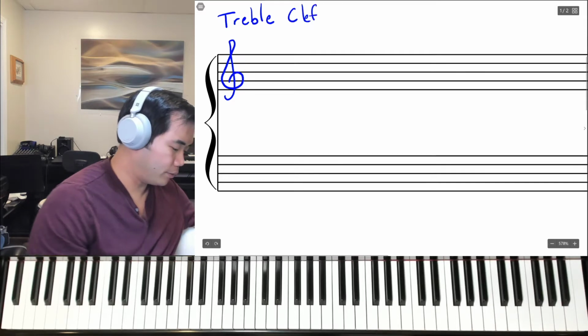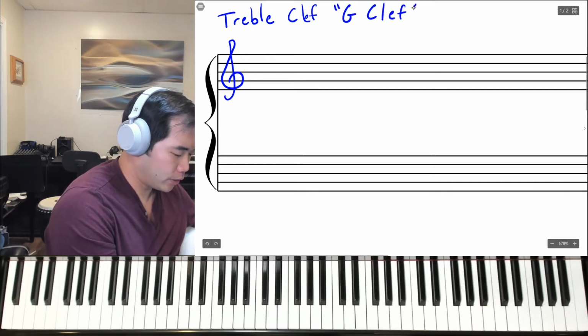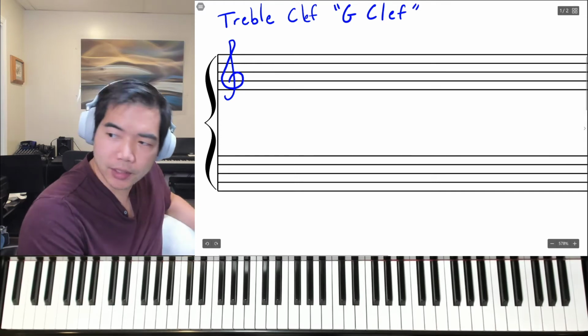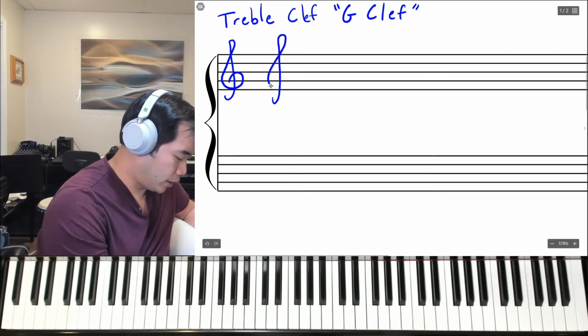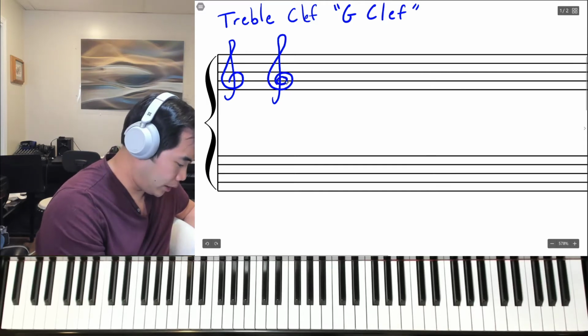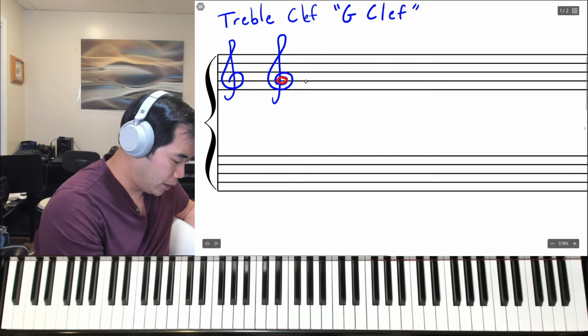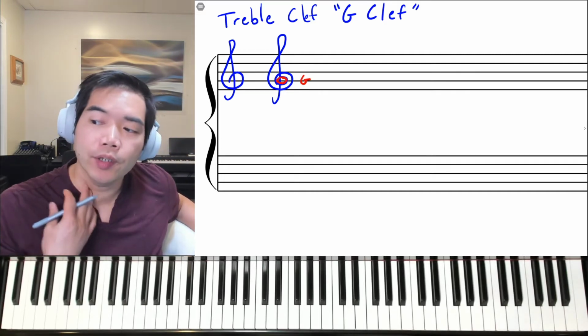Treble clef. And this treble clef is also known as the G clef, partially because it looks a little bit like the letter G, and also because the note that the treble clef circles around is actually the note G, which we're going to talk about in a little bit.